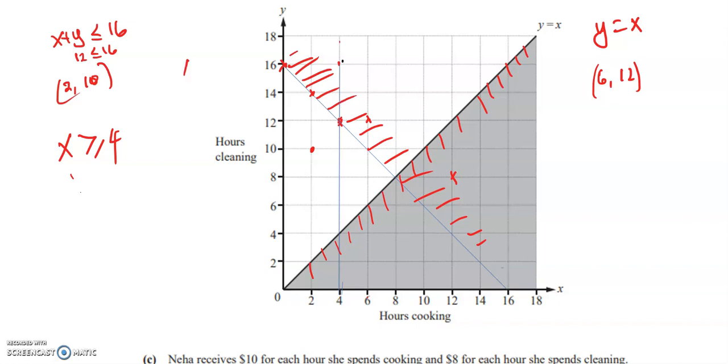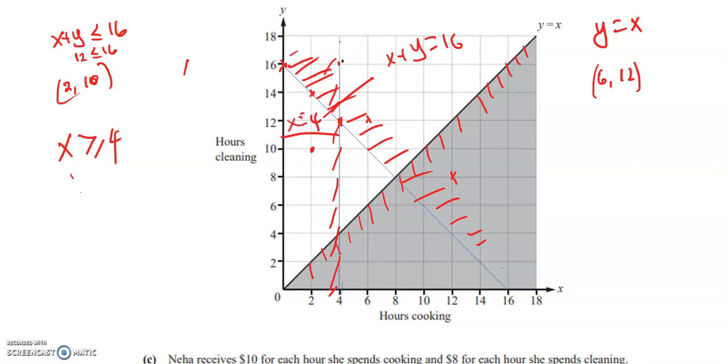So then you shade the left hand side, the unwanted region, and in each case make sure that you write the equation of the line. So x plus y is equal to 16. This is x is equal to 4.